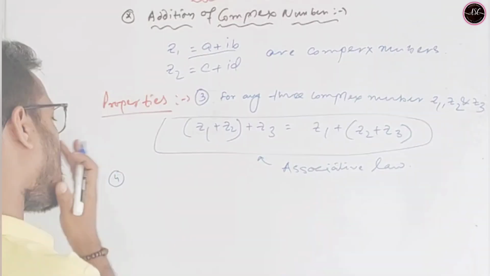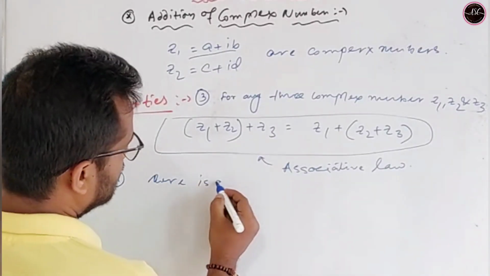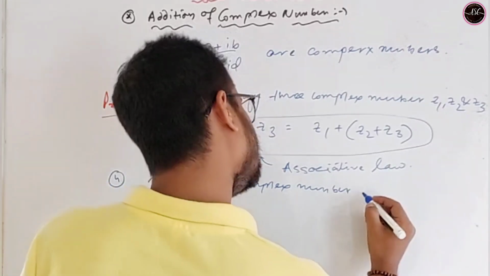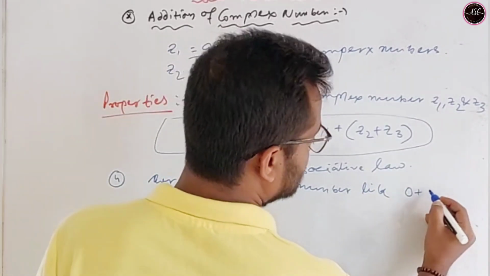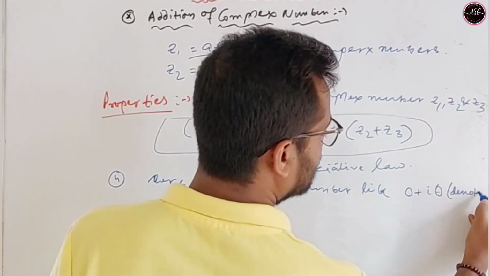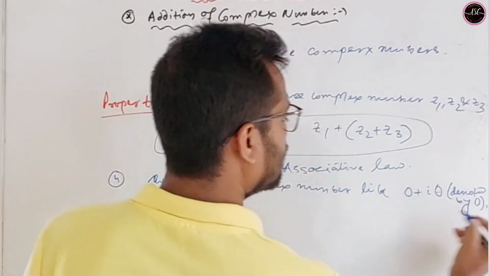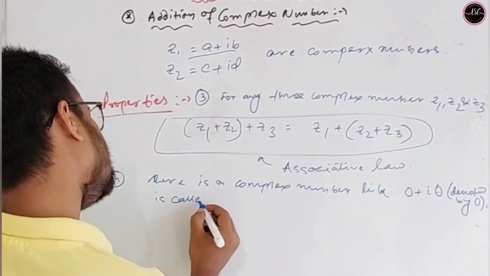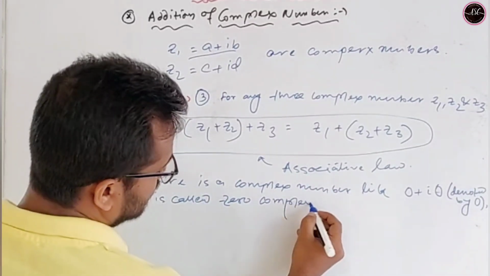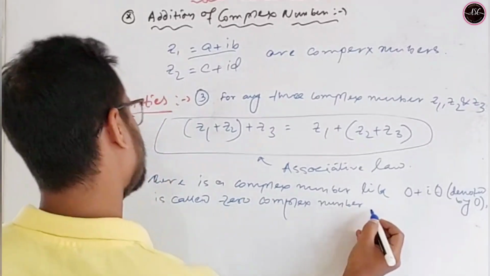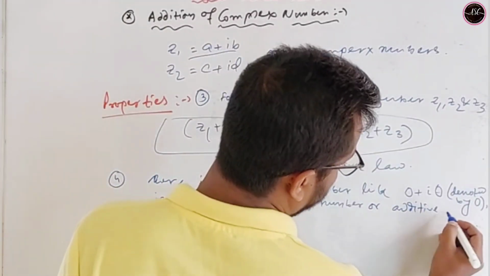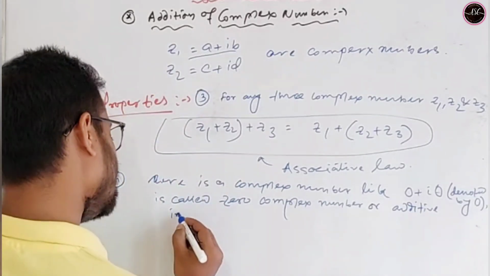Now property 4. There is a complex number 0 plus i0, denoted by 0, called the zero complex number, or additive identity.